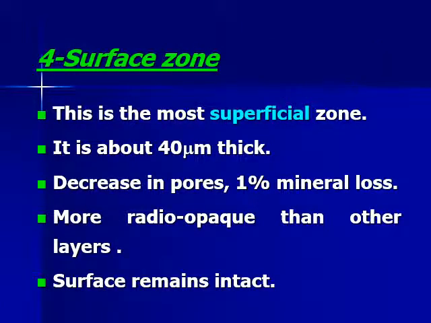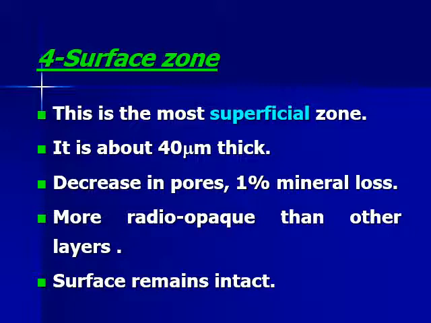Finally, we get to the surface zone. The surface zone is the very outer layer in contact with the saliva and the outer environment. In this zone, we still have pores, but again, it goes up to 1% only, so there is less mineral lost here than the body of the lesion or the dark zone.